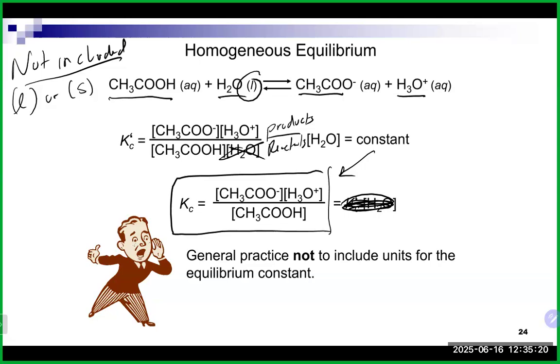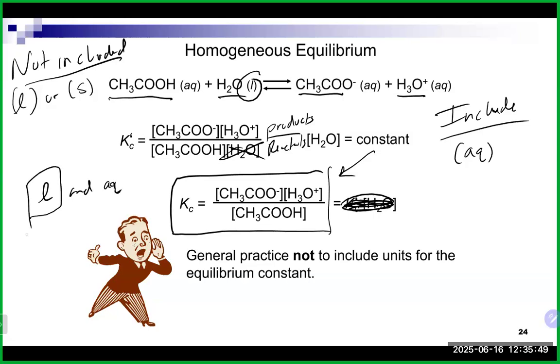That means what we do include is what's left over, which basically is anything that is aqueous, which means a water environment. As you hopefully know, aqueous is a solution, right? There is a difference between aqueous and L, which is liquid. What is the difference between those two? L is a pure substance, like water by itself.